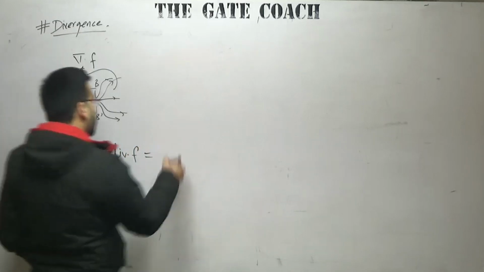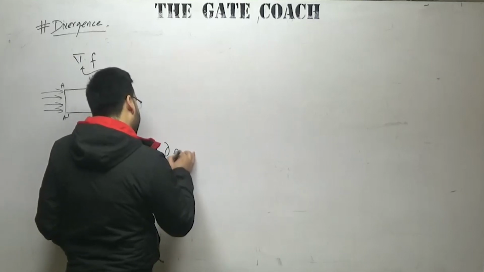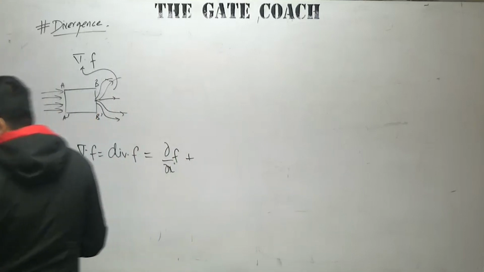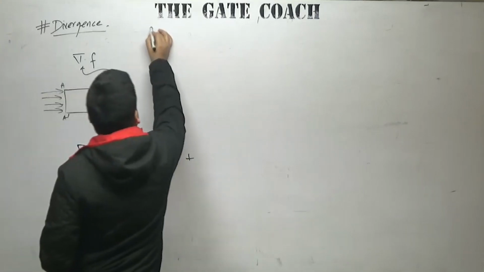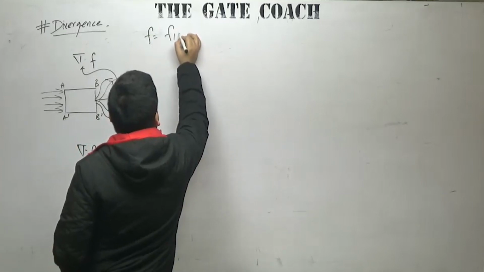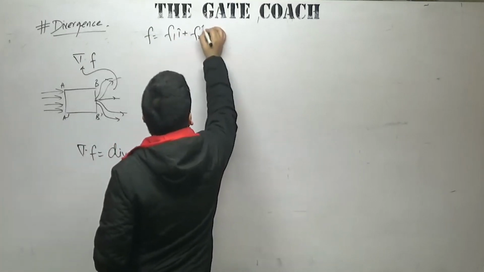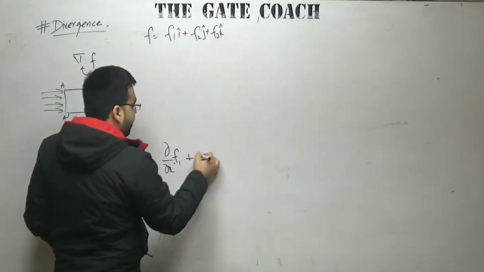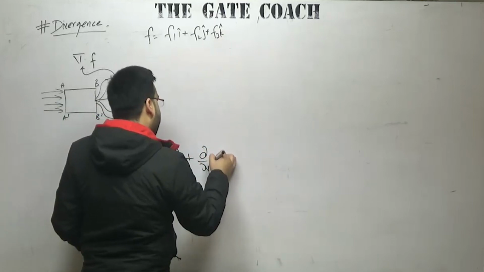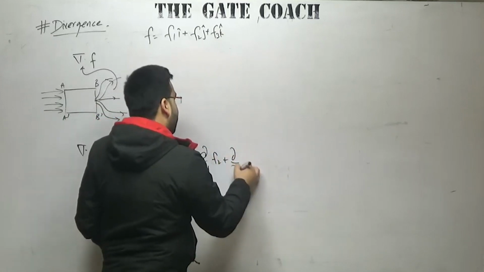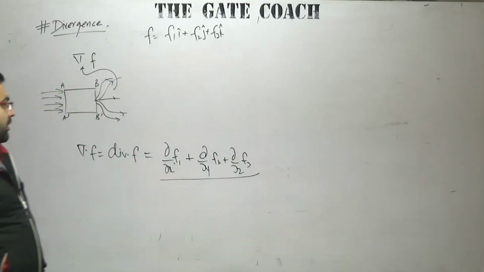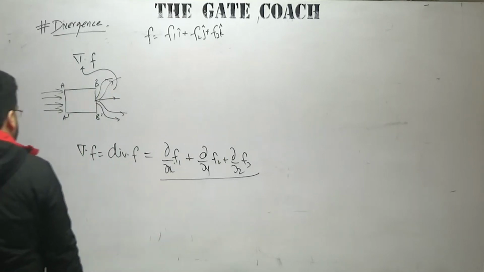Divergence of f will be equal to dou by dou x of f1, plus, let me define this function f as f1 i cap plus f2 j cap plus f3 k cap, then it will be equal to dou f1 by dou x plus dou by dou y of f2 plus dou by dou z of f3. This will be the divergence. Clear?